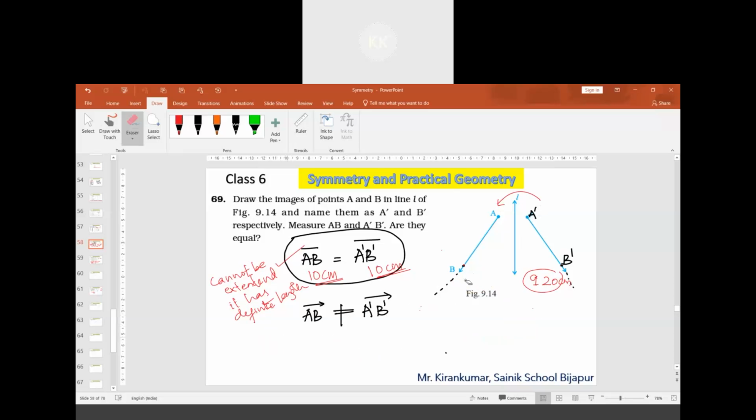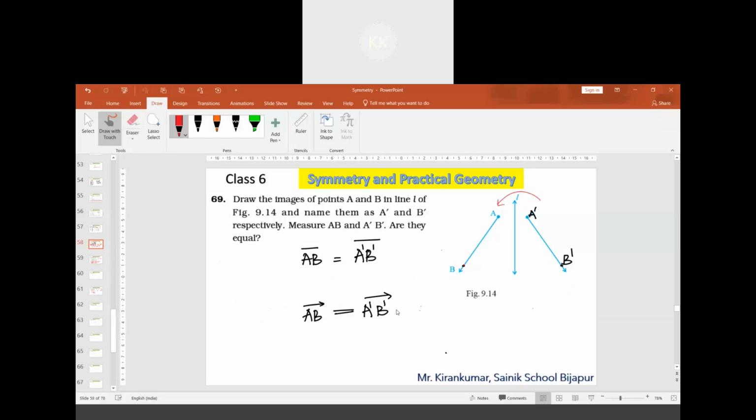Okay, sir. I will write here. They will become equal if A dash B dash is the mirror image of AB. Now this statement is correct.